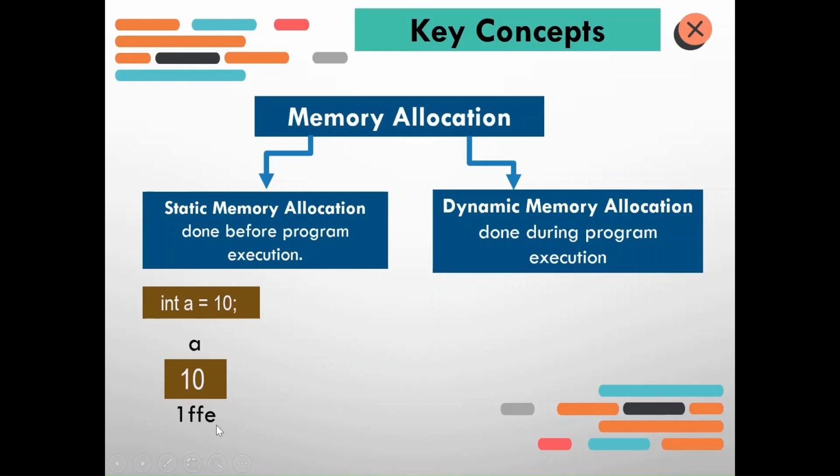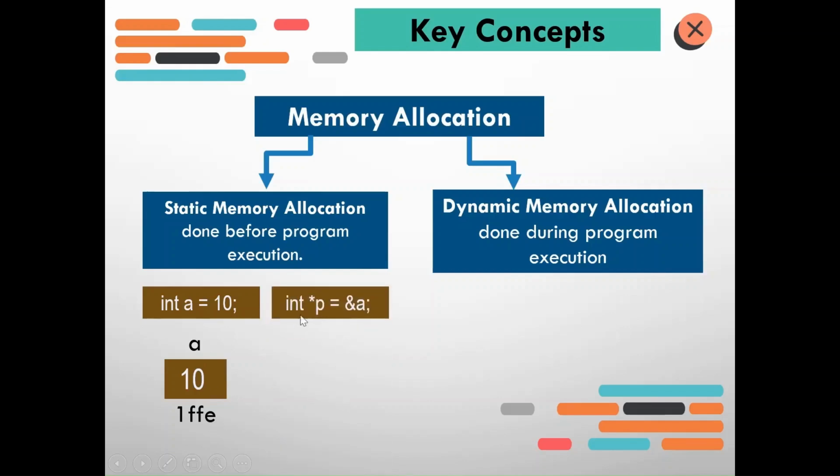You can obviously take any value for the address for understanding or referencing purposes, right? So I'm saying that this a has been declared at location 1FFE in memory, and a value of 10 is stored at that location, right?